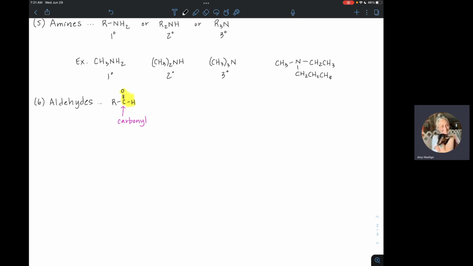On an aldehyde, we could have, for example, methanal, or in other words, formaldehyde. But notice that in that little case, H is the R group, right? We could have a methyl group over there, but as long as you have this, you have an aldehyde.